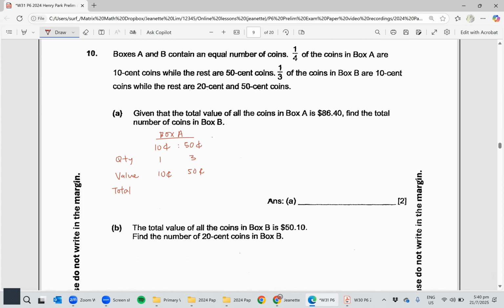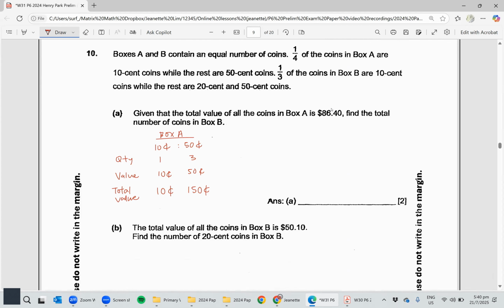Then the total value would be 1 10-cent coin, 1 times 10 cents, and 3 50-cent coins, 3 times 50 cents, so 150 cents. So this is your one group in box A, because they tell us the value is 86.40.